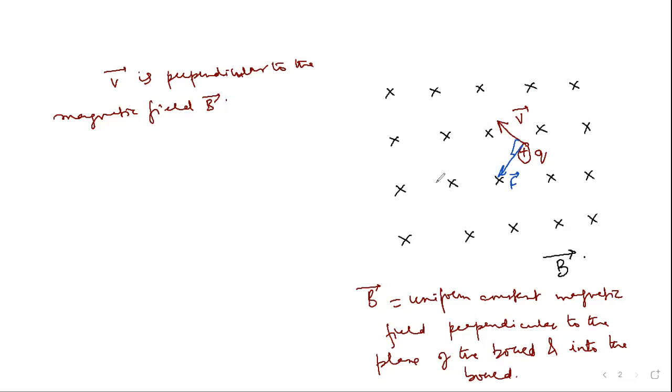And as particle moves, at every point force will be this way, and with the result, this particle will move in a circle. This circle will have certain radius. Its speed will not change, so it will execute uniform circular motion.